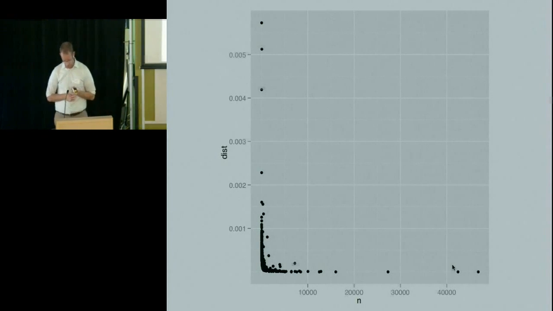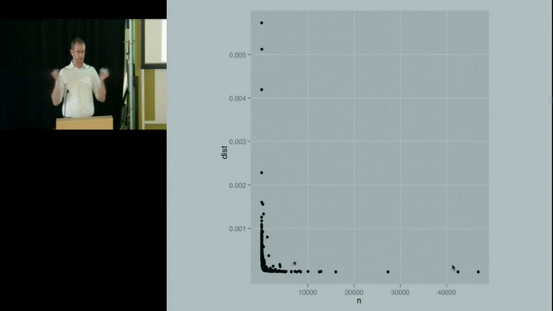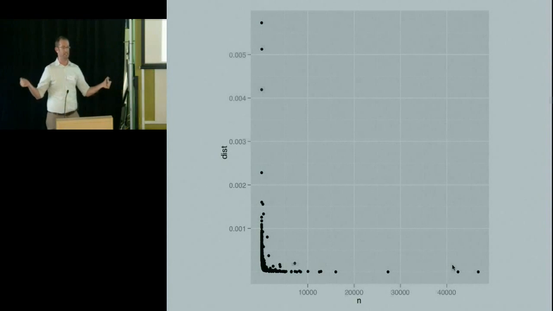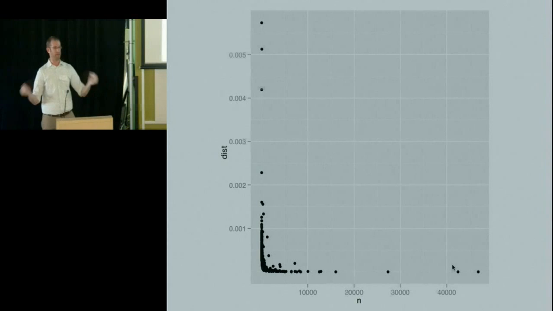One way I drive this home when I'm teaching class is I do a plot like this: look at all of the basketball players in the NBA last year, and plot the number of baskets they shot and the proportion that they made. It's pretty easy to think, if I'm going to pick players for my NBA team, I'm going to pick the people who have the highest accuracy.